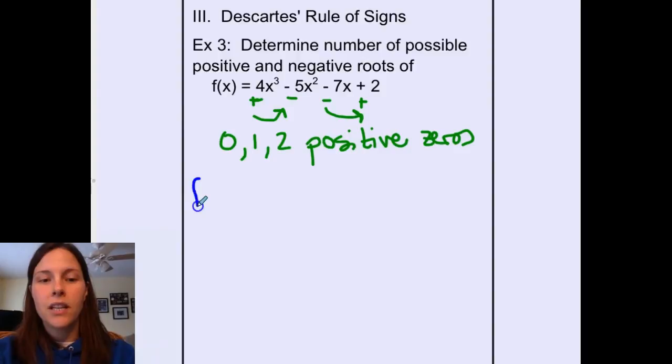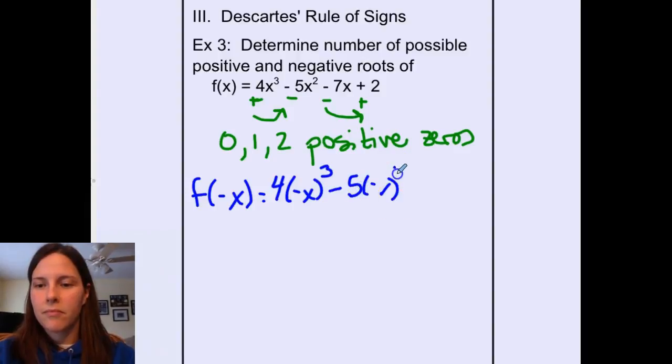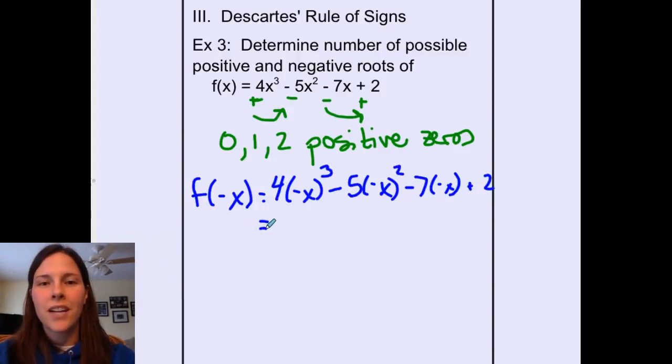To find possible negative zeros, we substitute negative x into the function, replacing all of the x's with a negative x, and seeing what happens to that negative sign. So our first term is negative x cubed.